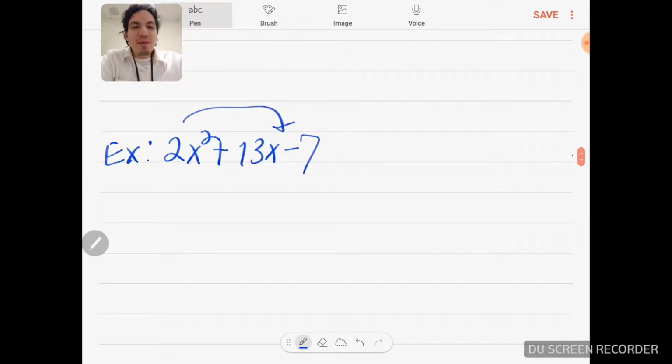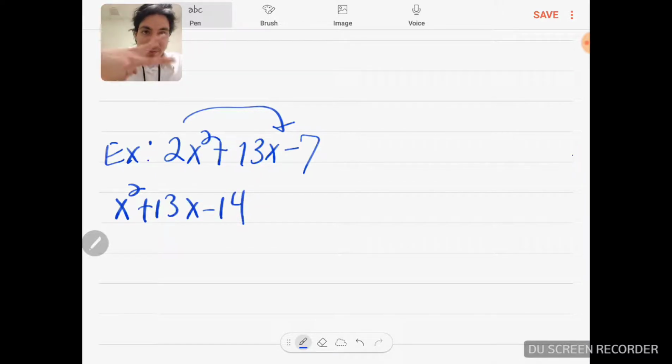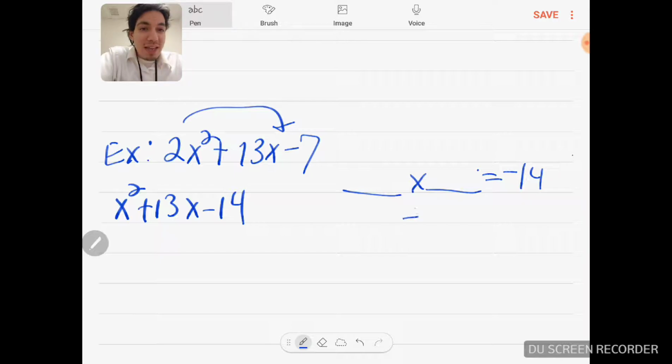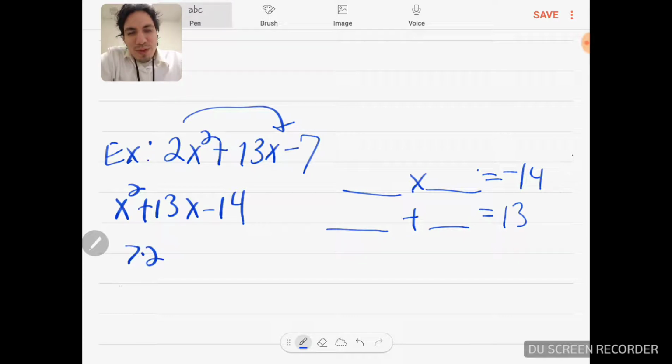2 times 7 would be x squared plus 13x minus 14. Two numbers that multiply into -14, but when you add them, you get positive 13. So we got 7 and 2, and 14 times 1 as well.